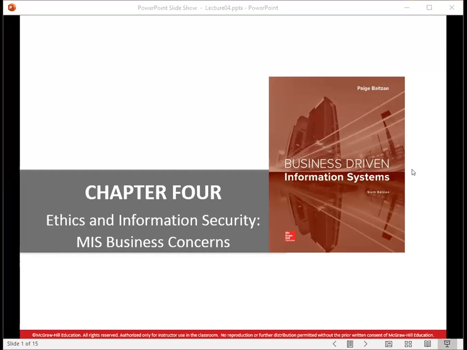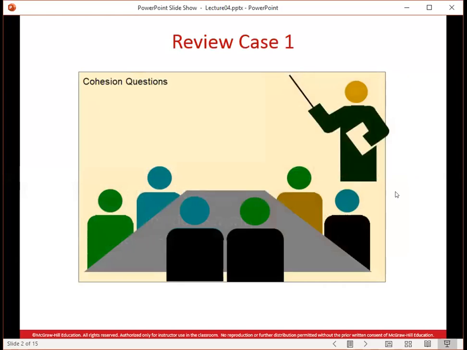But before we do that, let's take a look at Case 1, which you'll be doing in class today. So let's go up to the Sakai website and take a look at where the information is.